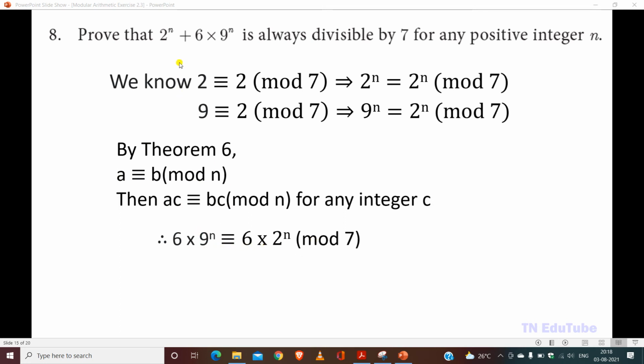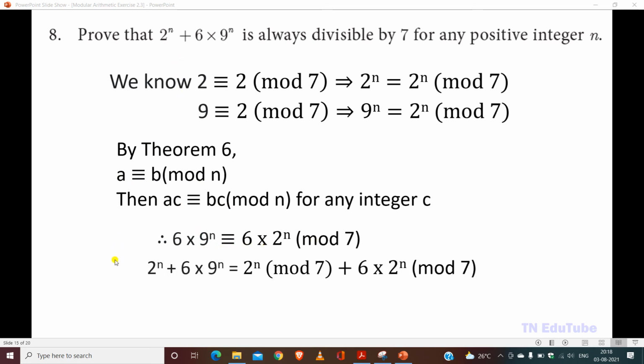Now we have to apply these values in this equation. 2 power n plus 6 into 9 power n, you take mod 7, that is 2 power n mod 7 only. 6 into 9 power n is 6 into 2 power n mod 7. Here also 2 power n mod 7. When you take it outside, you get, here it is 1, here 6 is there.